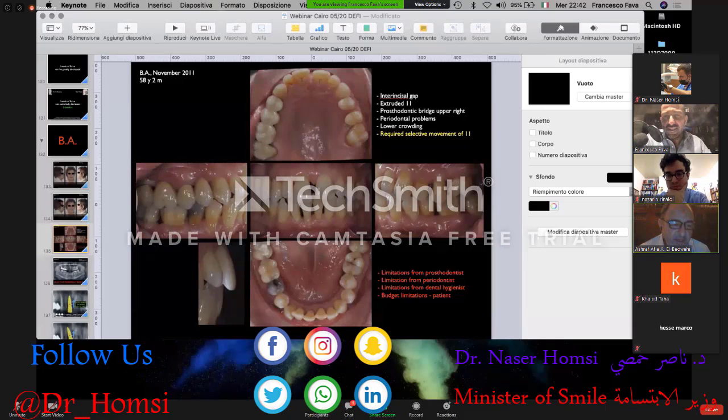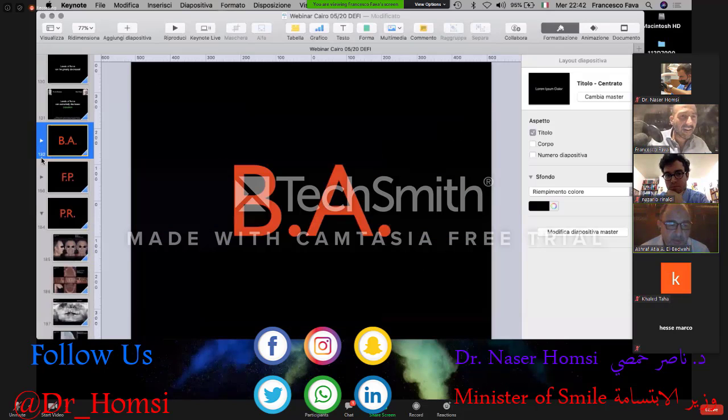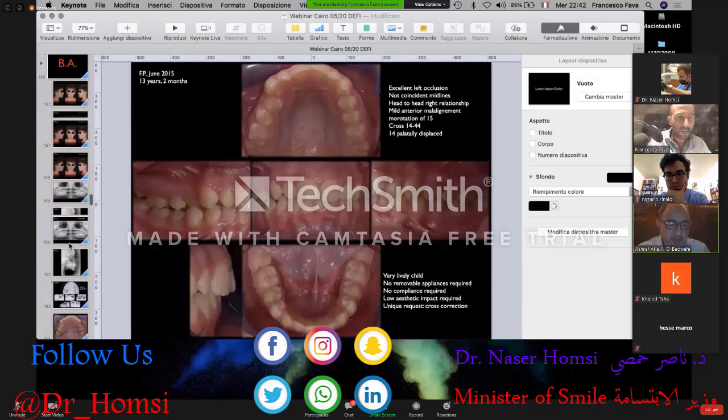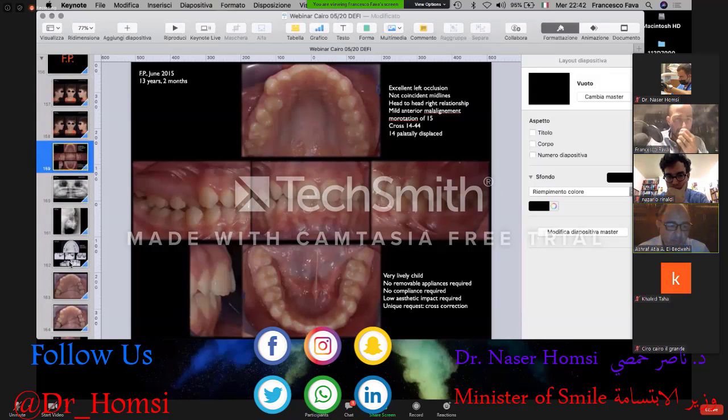She has two questions. First one, for the Francesco patient, could we put buttons on 14, 15 and 16 with very light power chain buccally and palatally to rotate both?